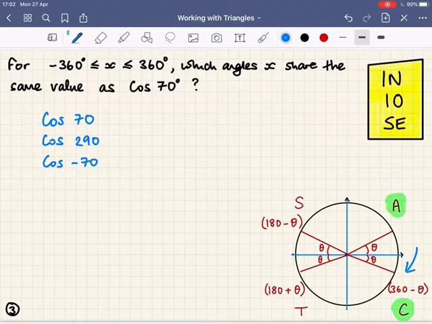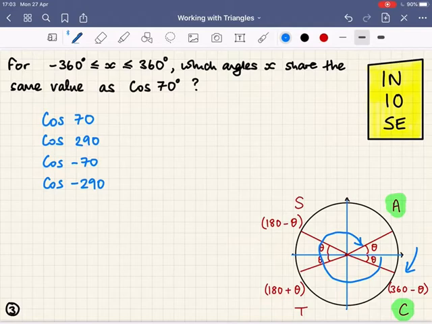So minus 70. And then I'm going to go all the way around until I get to here. And that's going to be, it's all very symmetrical, cosine of minus 290. It's in the first quadrant. It's all the way around, just 70 degrees short of 360, or minus 360 in this case. So cosine minus 290. There we've got four angles that share the same value as cos 70.